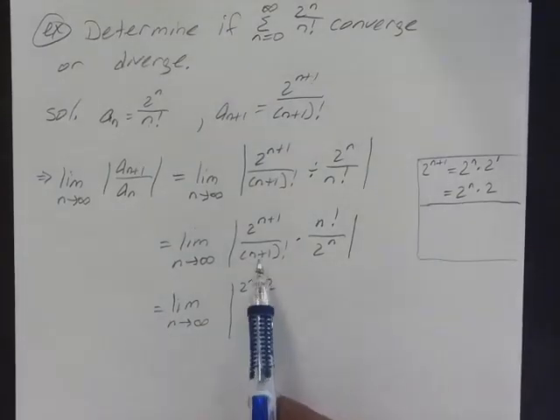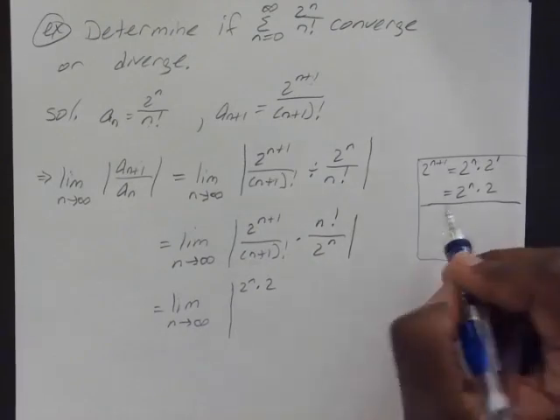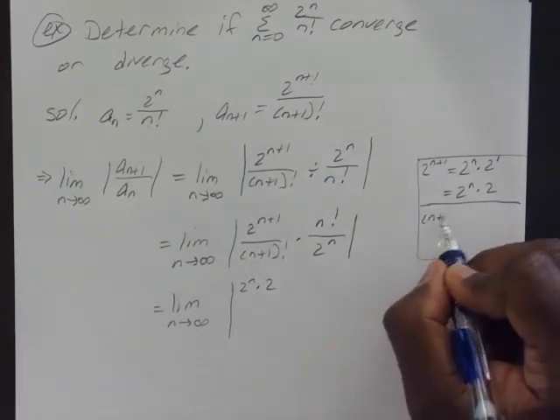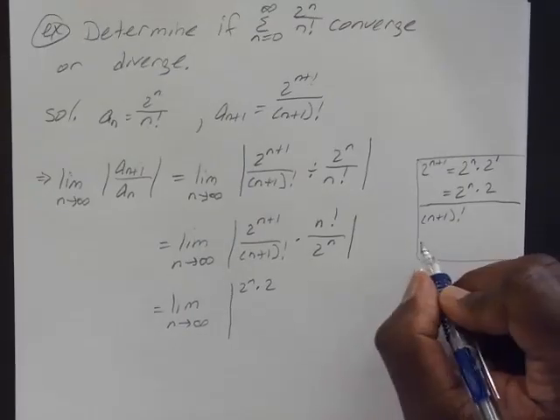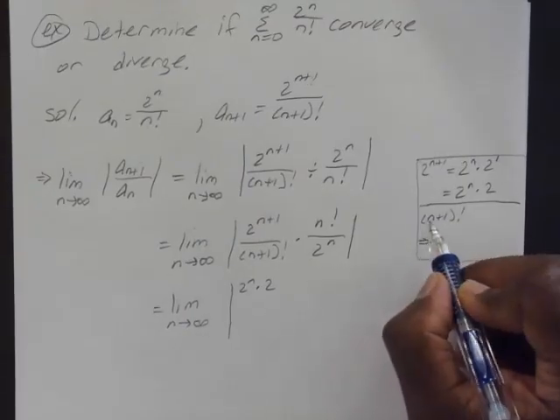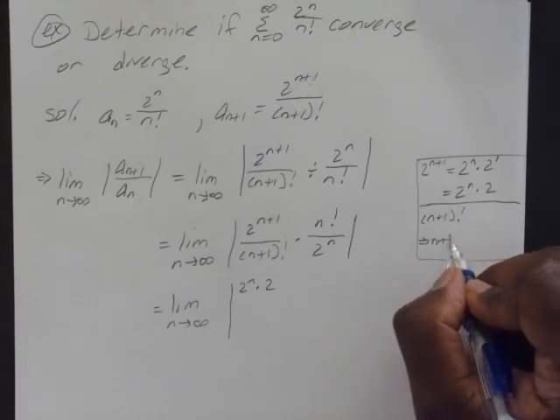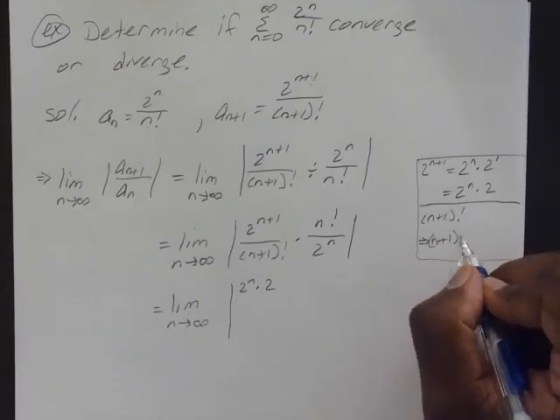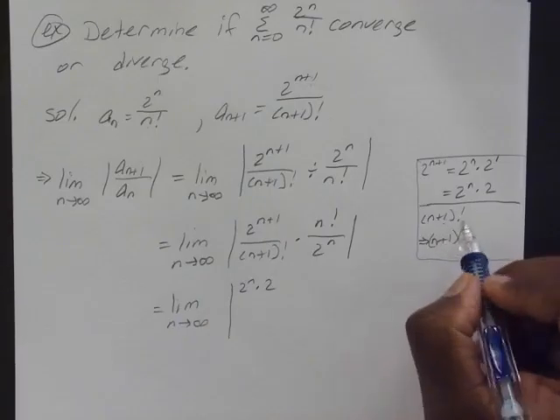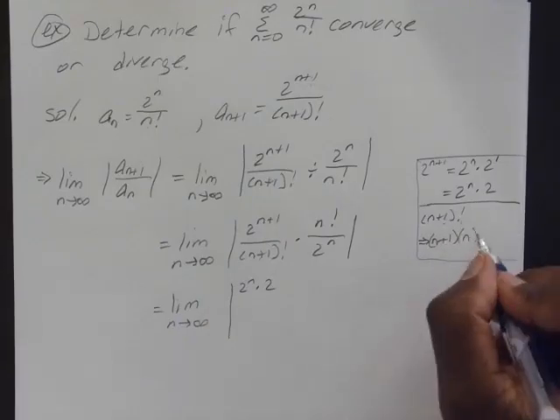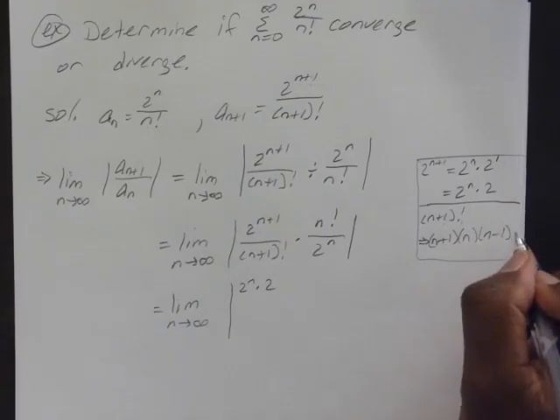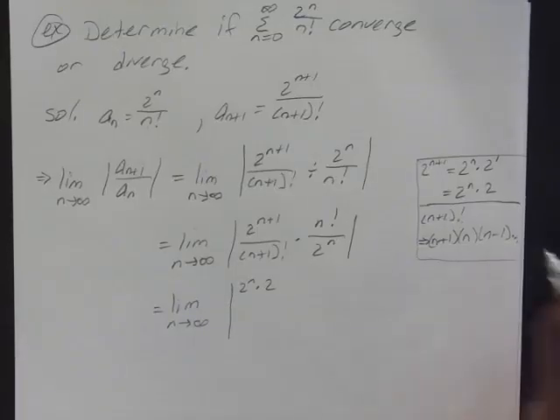Divided by that n plus 1 factorial. We can rewrite that, because remember, that's just n plus 1 times n plus 1 minus 1, which is just n, times n minus 1 times n minus 2, and it keeps on going all the way till you get to 3 times 2 times 1.